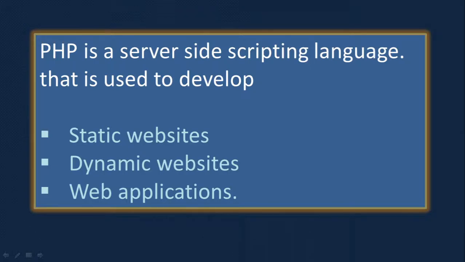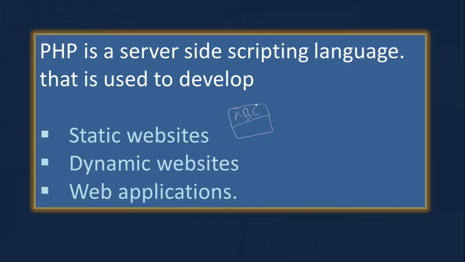Static website means it's always the same. Let's say there is an ABC company. Each time you open the home page, you'll have the same page and there is no change in that. That is what you call a static website.